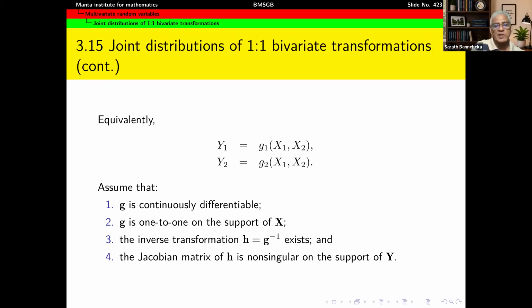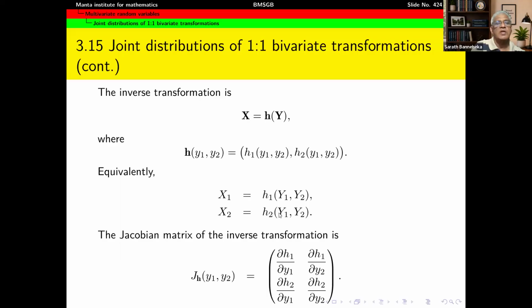So let me briefly explain some of these things. When I say H is G inverse, that means X is equal to H of Y. So we transform X into Y using the function G, and we assume that we can transform Y back into X by the transformation H. So when you say H of Y, this vector Y, that means H of y1, y2.